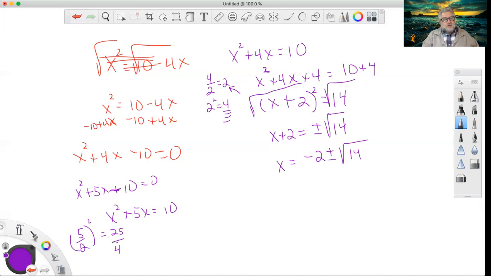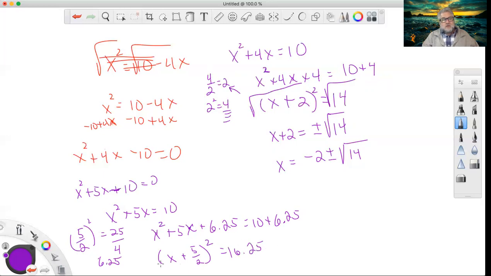You could write it as a decimal, so that would be 6.25. You could do that. x squared plus 5x plus 6.25 equals 10 plus 6.25. Then you can write it as x plus the thing you got when you chopped it in half, equals 16.25, and you can keep going from there.